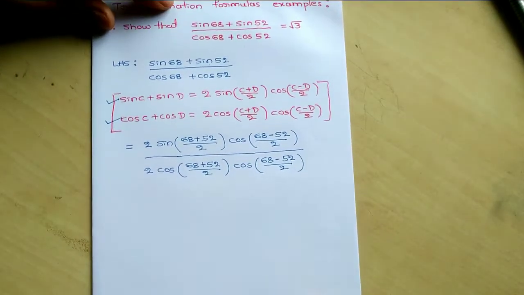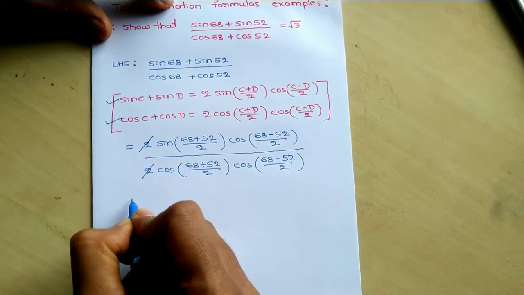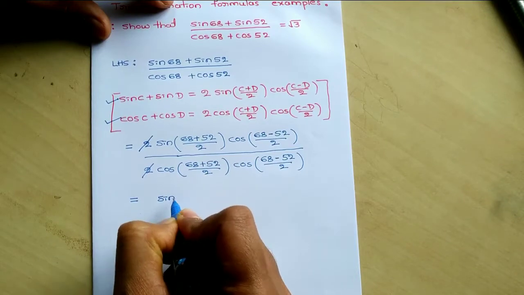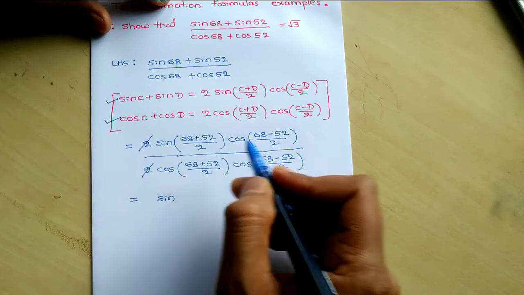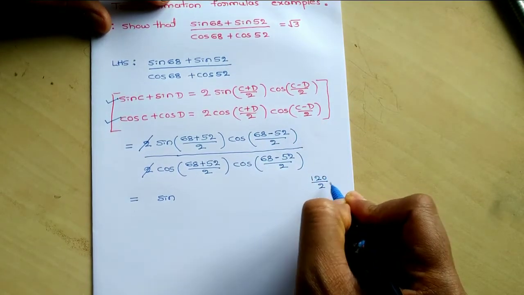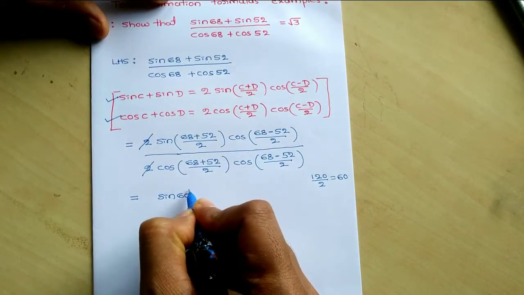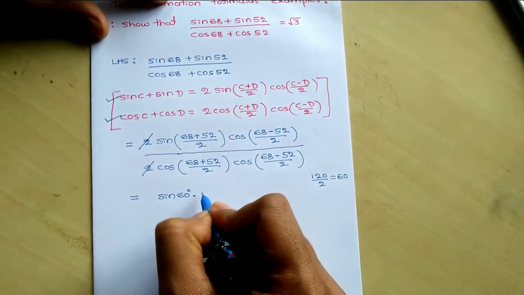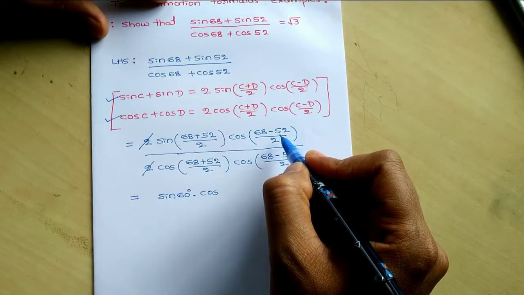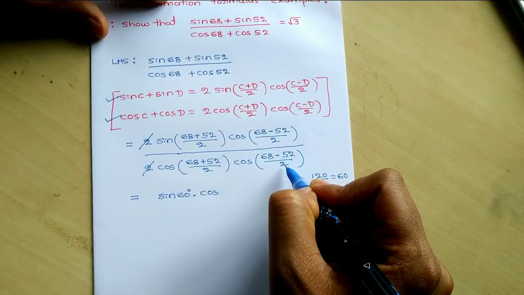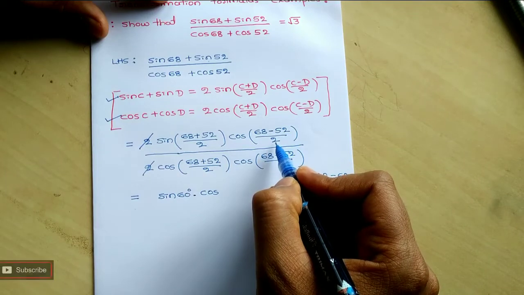Correct? So here, because of the multiplication sign, you can cancel 2 and 2. Next, sin of 68 plus 52 is 120, and 120 divided by 2 is 60 degrees, into cos of (68 minus 52) divided by 2.